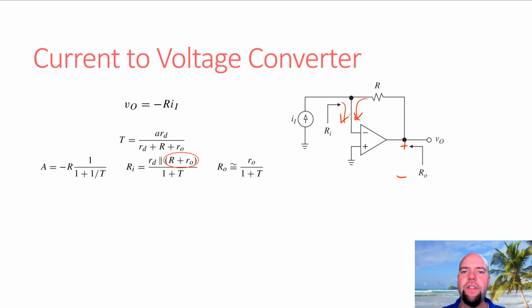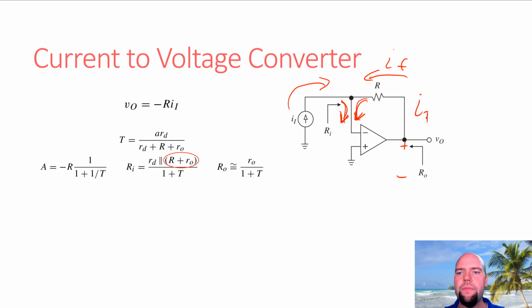Basically, we have some current I input flowing in here. We also have some current I feedback flowing in here. The sum of those has to equal 0. So basically, the feedback current equals negative the input current.